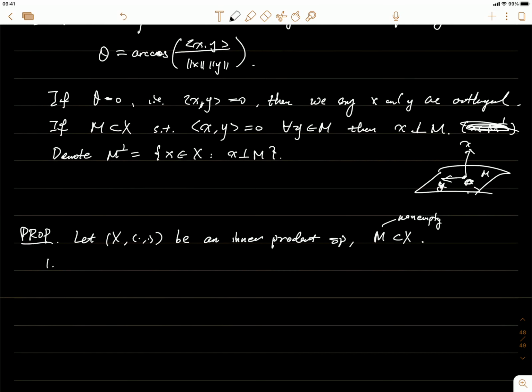The first one is if x is perpendicular to y1, and also x is orthogonal to y2, then x is orthogonal to any linear combination of y1 and y2.